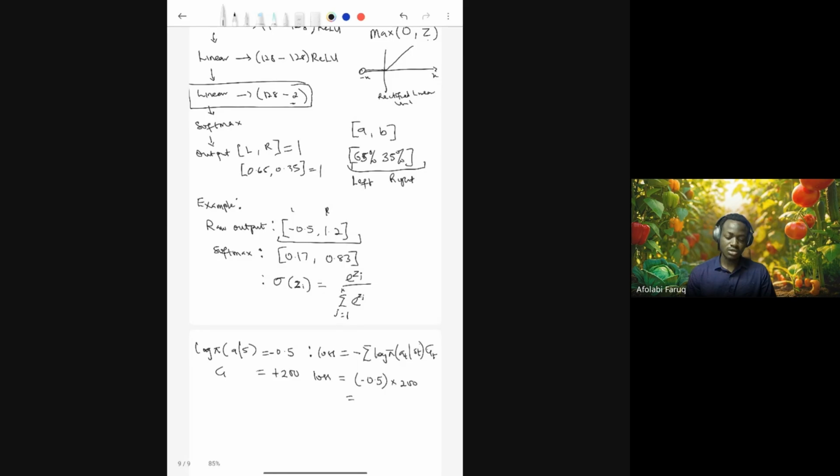So here you get minus 100. Oh, sorry, we have a minus here as well. So here we have plus 100, right? So that's the loss contribution.